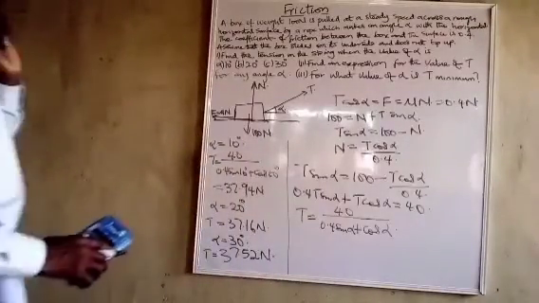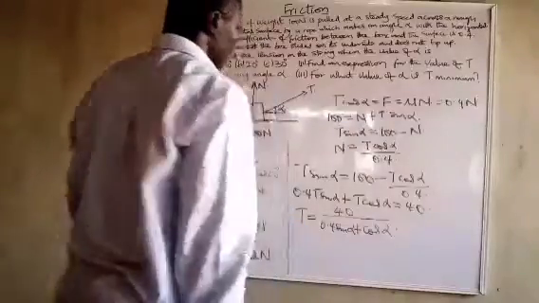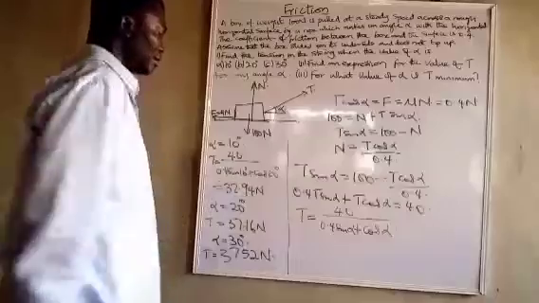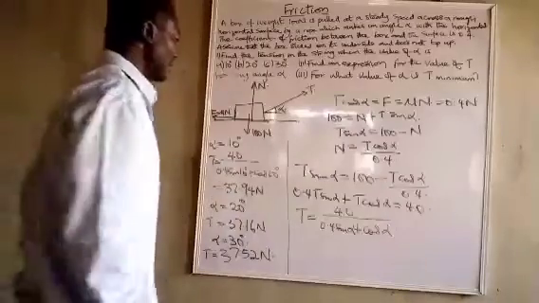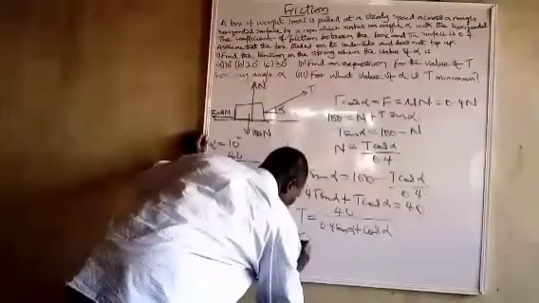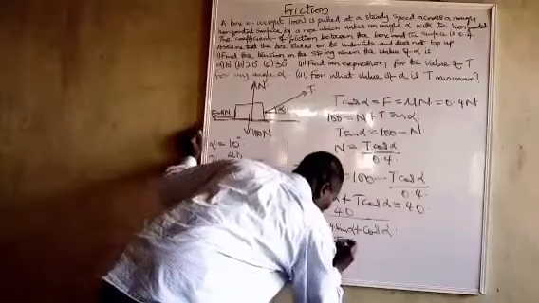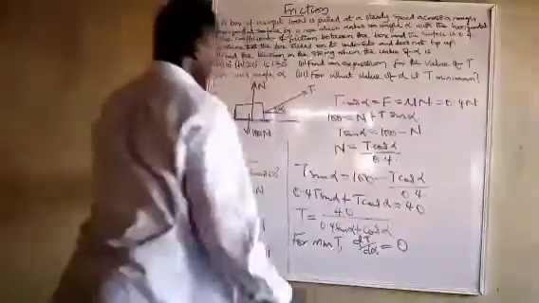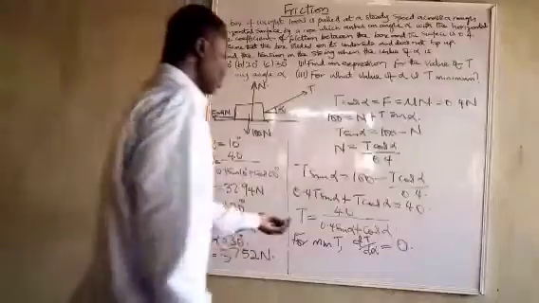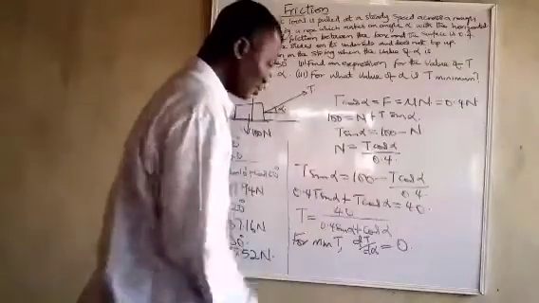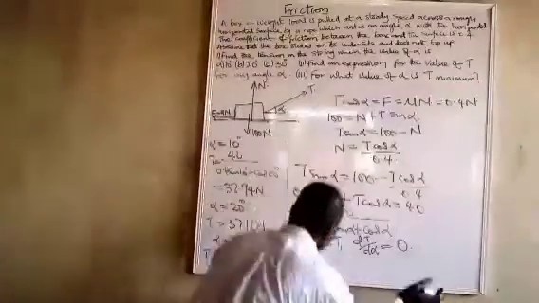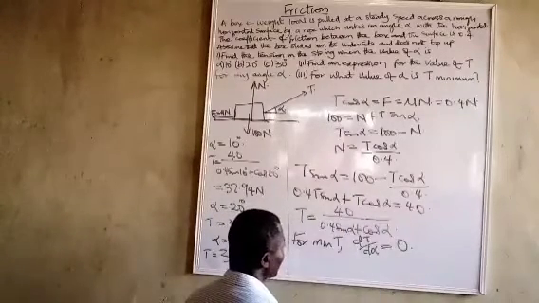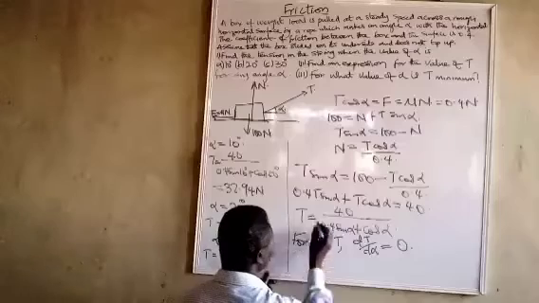Now we also ask, for what value of alpha is T minimum? So here we just need to use our calculus, differentiation, and we know that for minimum T, dT/d alpha will be equal to 0. You can use logarithm or your normal differentiation of fractions. Now let's work this out.